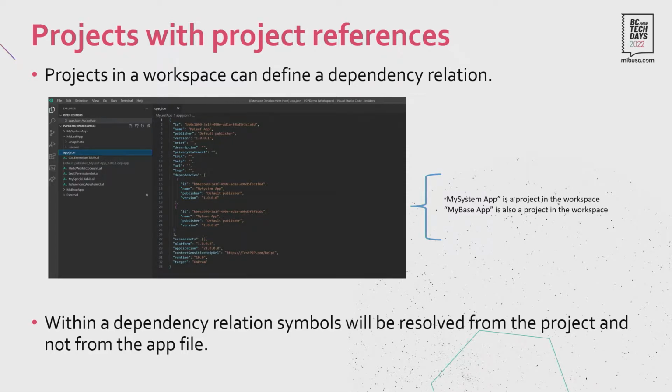The important thing with projects and project references is that once we see a project reference, every symbol resolution will happen from the project. We are not even going to load the app, even though it's in your package cache path. We're going to ignore it completely. This is a new thing since, I think, January or February this year.